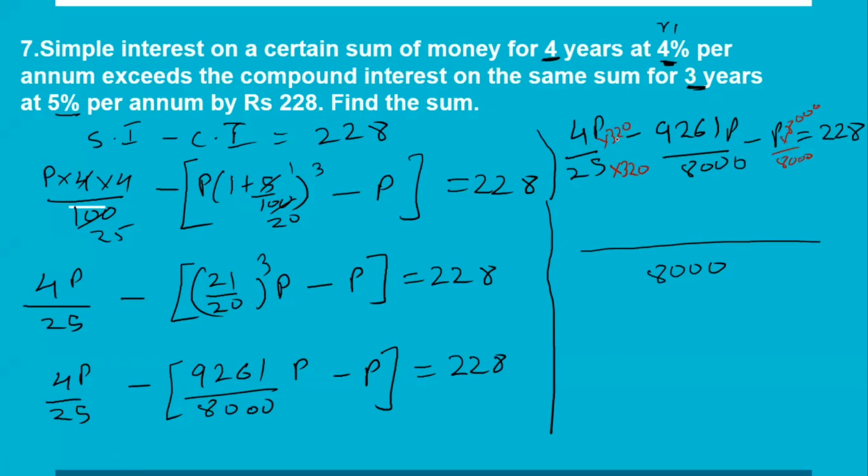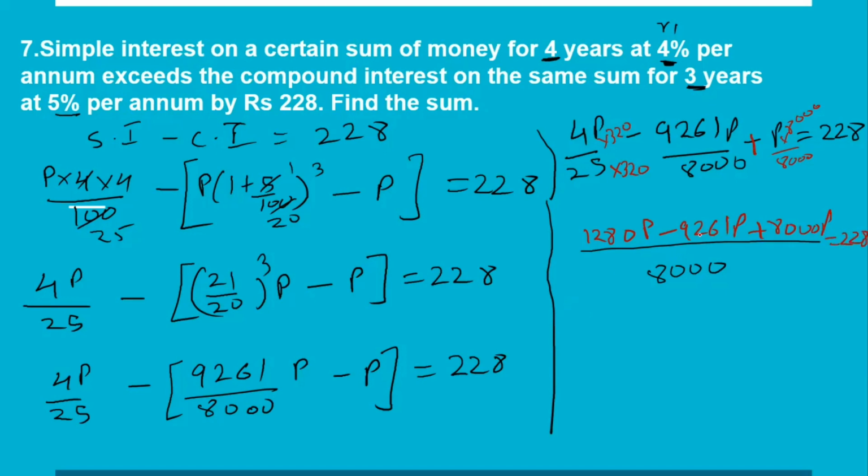You get this as 32 times 4. 4 2s are 8 and 4 3s are 12, so 128 and 0, 1280P, minus 9261P, minus 8,000P. Now this minus is of minus, so this is going to be plus, I'm sorry. So plus 8,000P, which is equal to 228.